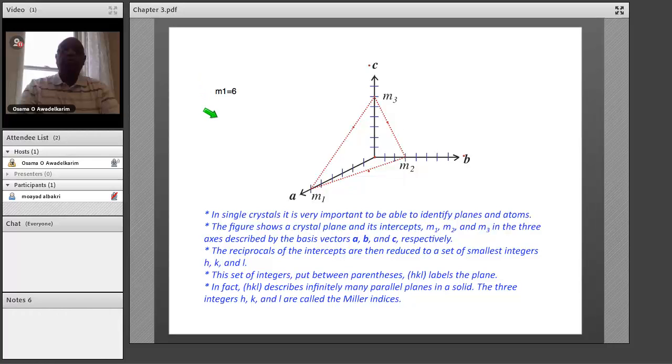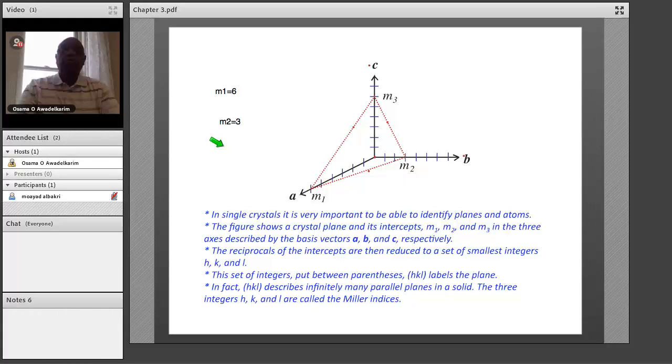And you can also see that the intersection on the b-axis, M2, is equal to 3. And the intersection on the c-axis, which we call M3, is again equal to 6. So these are the intersections of this plane with the three axes.